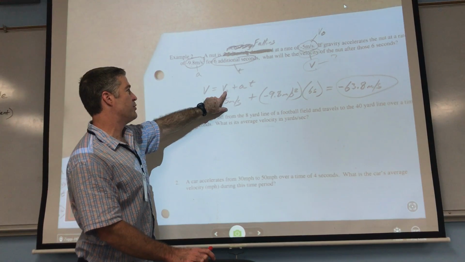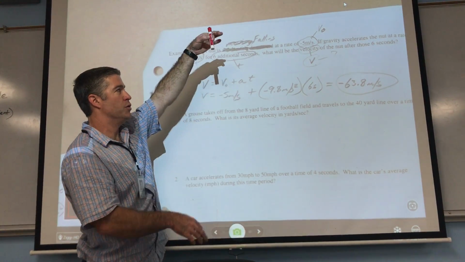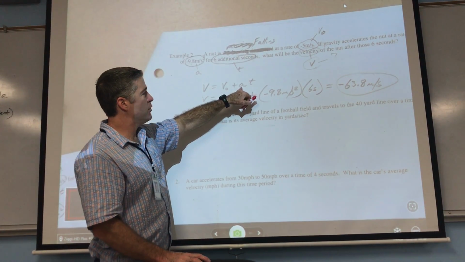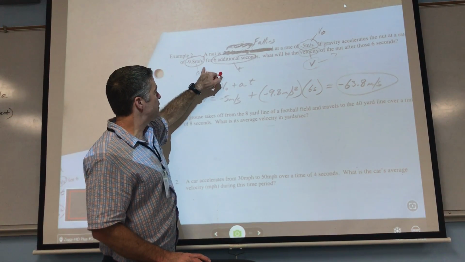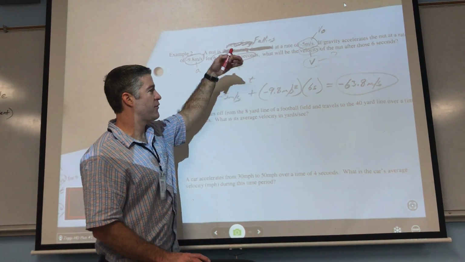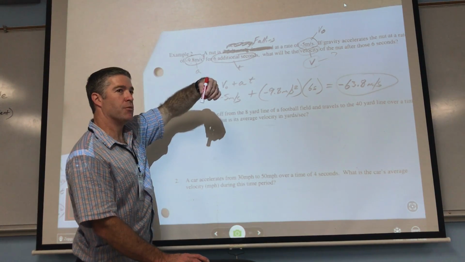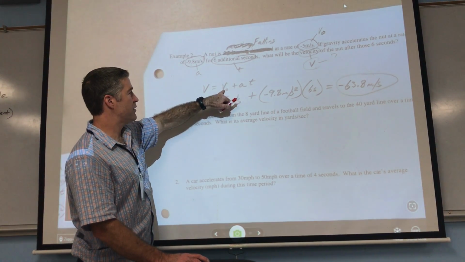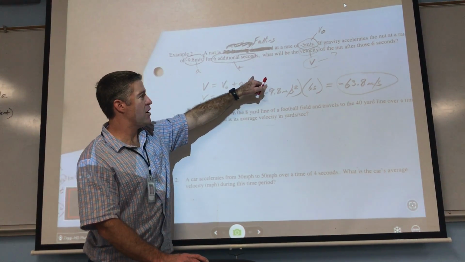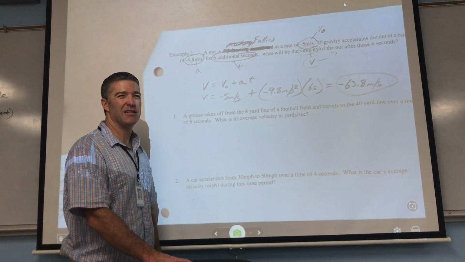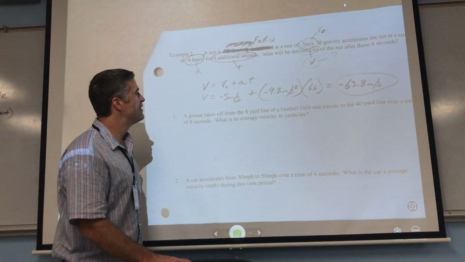We would just put in 0 for the initial velocity because it wasn't moving when I let go. And it would be whatever the acceleration is times the time it falls. That would tell us how fast it's going then. But this nut has had a head start. It's already got some downward velocity to begin with. So then we're adding on the new velocity and skating beyond that.